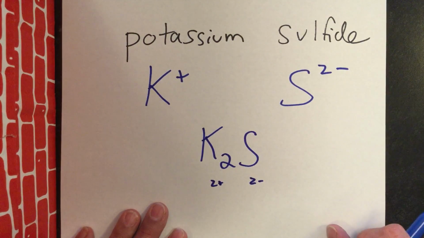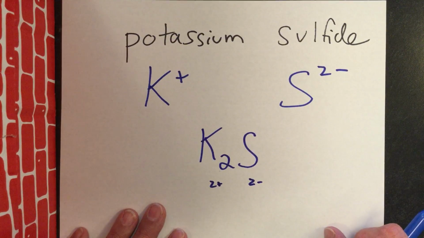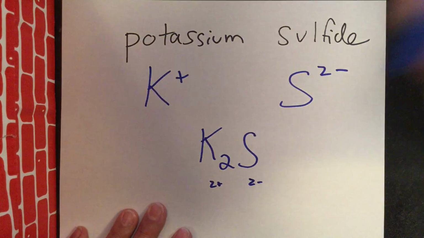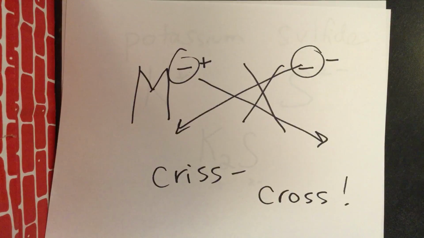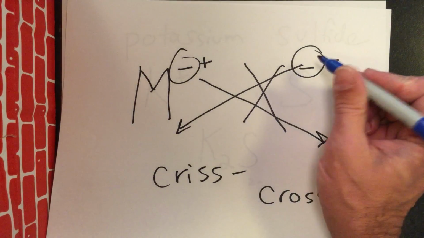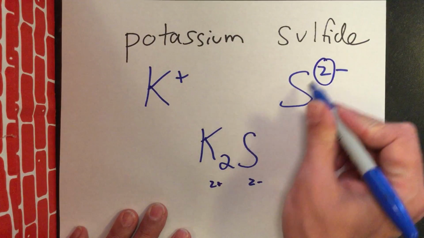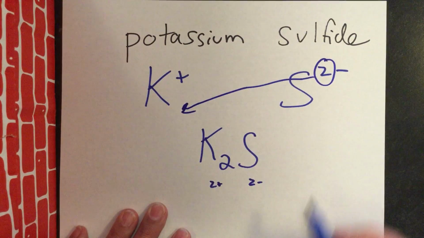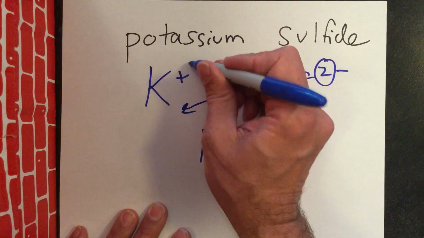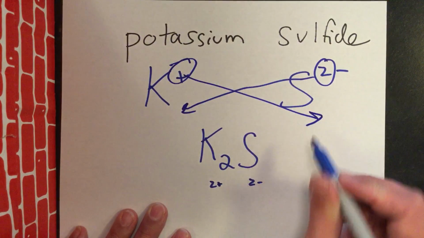But you know what? As the years have gone by, I've discovered a much easier method. It's called, dun dun dun dun, crisscross. Crisscross means, well, let's show you. You take the 2 and you bring it down here. That's where I got K2. And you take the 1 and you bring it down here.